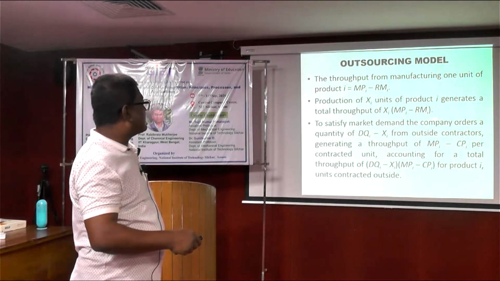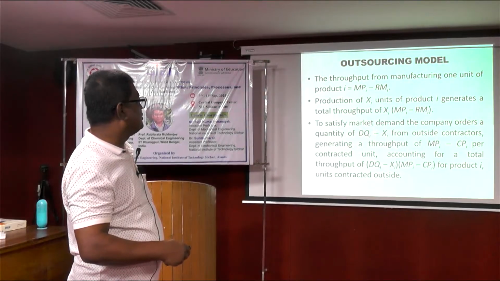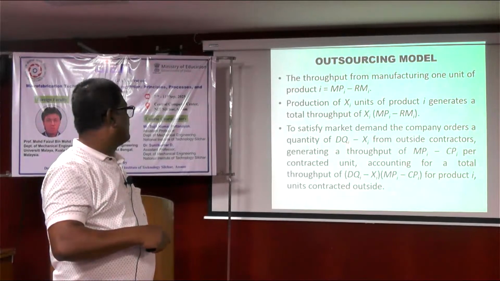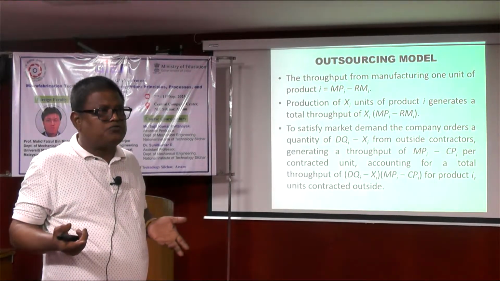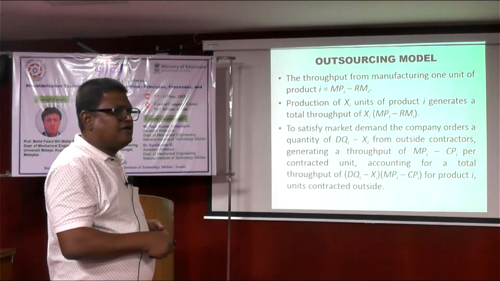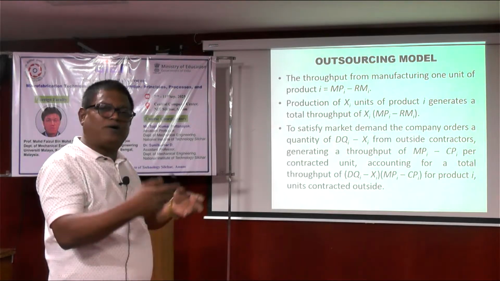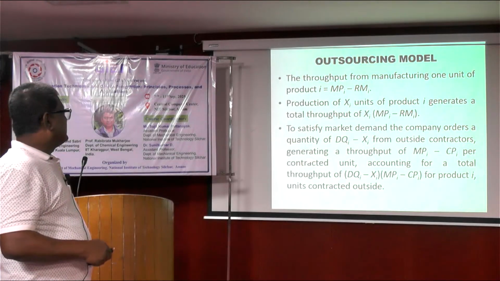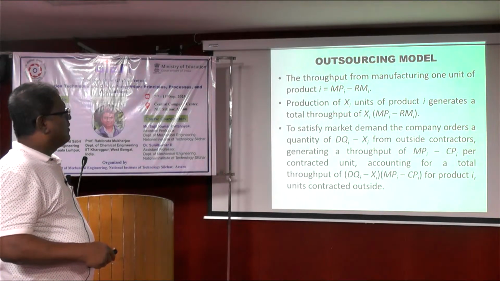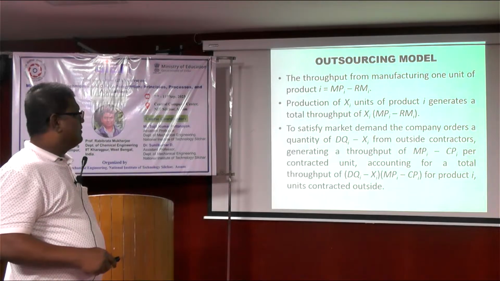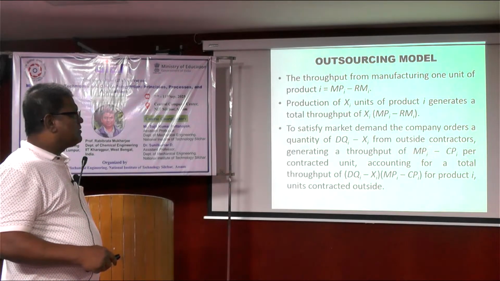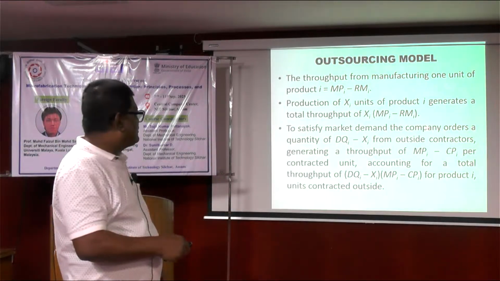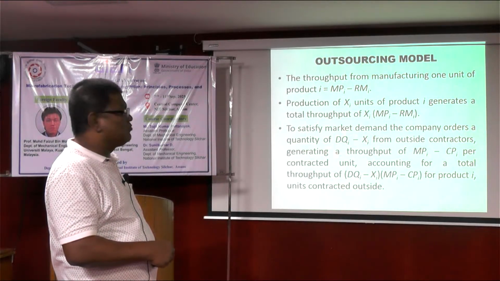Now, to satisfy market demand, the company orders a quantity of DQI. How much order did I get through the tender process? DQI. But DQI I cannot produce; I can produce only XI. So the rest, DQI minus XI, I have to outsource from an outside contractor. What will the throughput be then? The selling price minus the contractor price, because for me there is no raw material, as this quantity I am getting from the outside contractor.